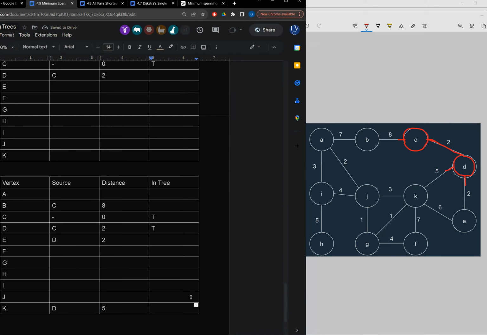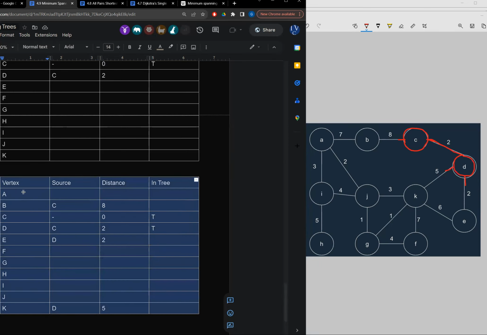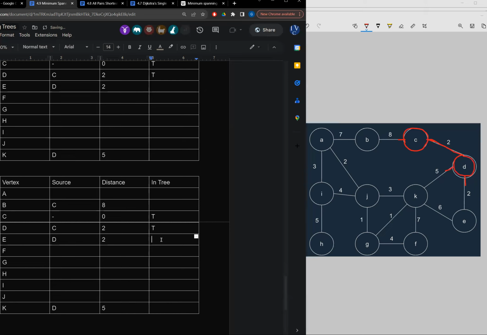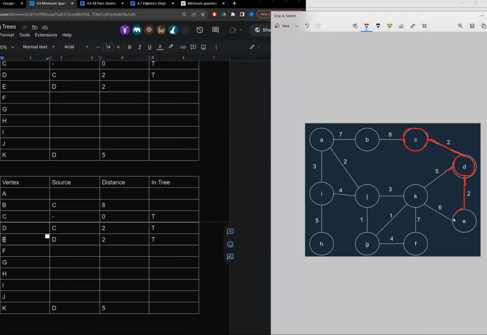Right? Repeating, choose from 8, 2, and 5. So we'll go ahead and choose the 2. We're going to go ahead and go to E. Build our tree. E is a part of our tree.